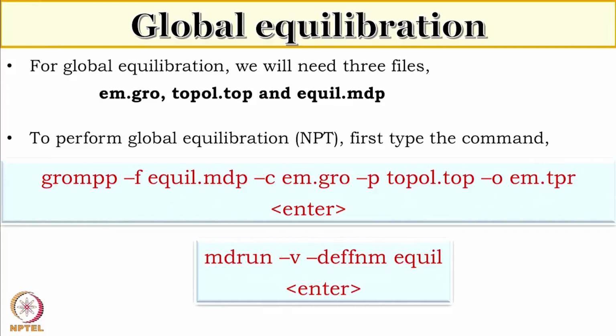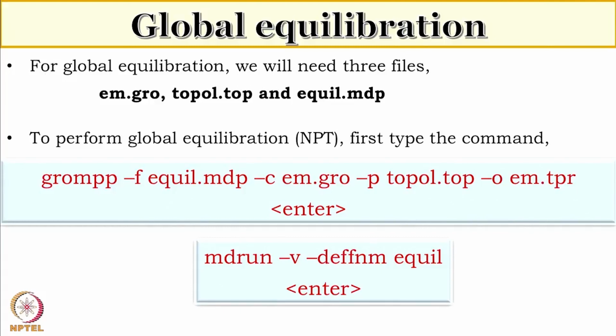It depends which type of simulation you want to do, whether in NVT or NPT. Where is this specified? This is specified in the equil.mdp file. For equilibration, again we will need the GRO file from energy minimization, the topology file, and the MDP file for equilibration. Suppose I want to perform an NPT ensemble.